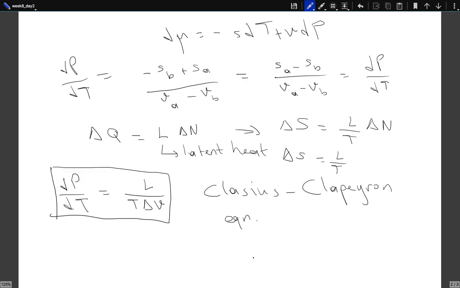Since it floats, it's a good insulator, the ice. So it prevents all the water from freezing in cold temperatures. But delta V has a different sign for water than for other materials.